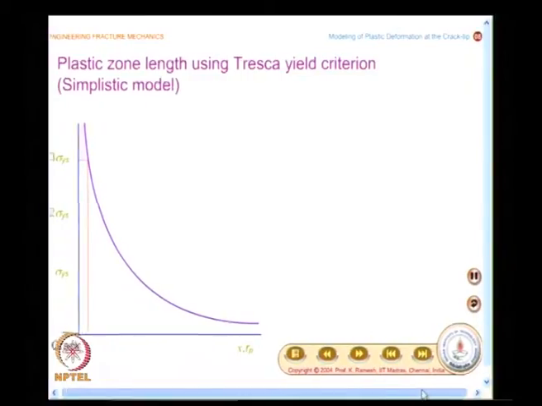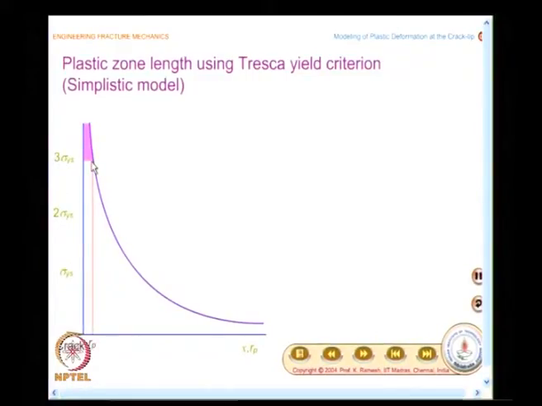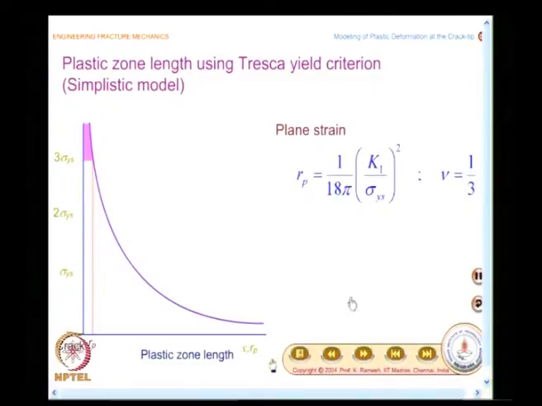So, you have this as 3 sigma ys in plane strain, and this distance you call the plastic zone length with the symbol Rp, and in plane strain the expression takes this form, Rp equal to 1/18 pi (K1 by sigma ys) whole squared, and this is obtained by using nu equal to 1/3.